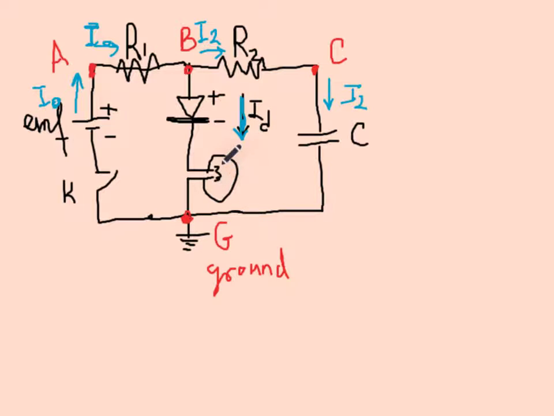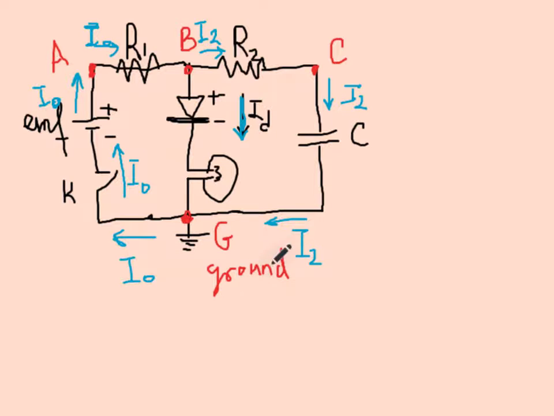And then if the current is passing through the diode, it will light the bulb here. And then coming back to G, from this side we get back I sub naught, the principal current, and on this side the I2. Then we form a loop coming back to the EMF, the source of power.